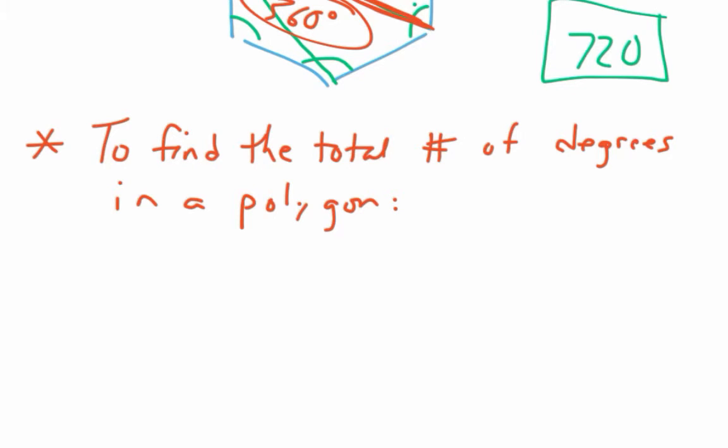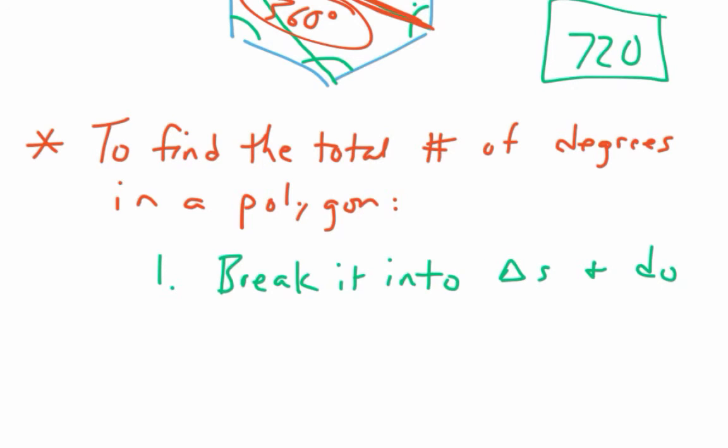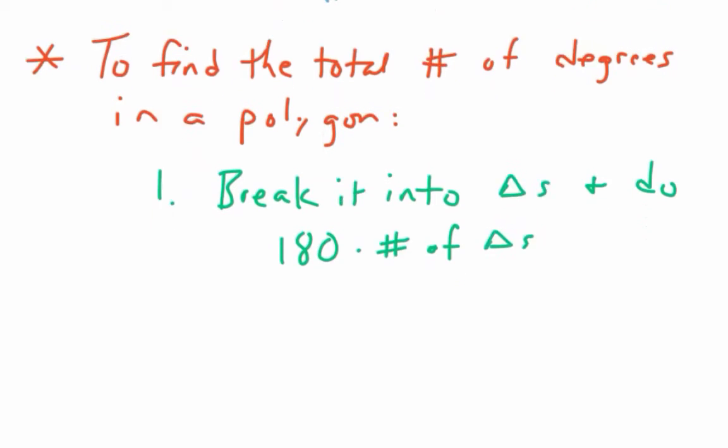One option, kind of like the either-or, you could break it into triangles. So break it into different triangles and do 180 times the number of triangles. Does that make sense? So 180 times the number of triangles.